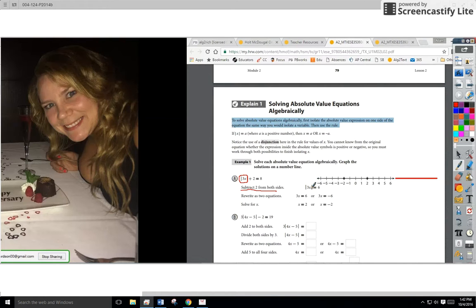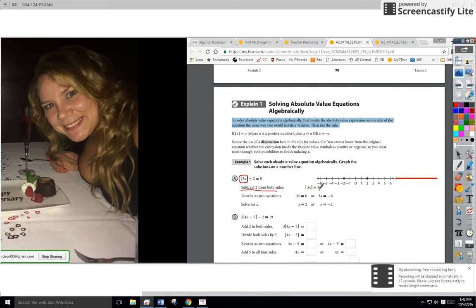Okay. Now then, this is where you have to have an understanding of absolute value. An absolute value is how far a number is from 0. Okay. So we're trying to find out what's going to make this equal to 6, where there are two numbers that are going to have an absolute value of 6.